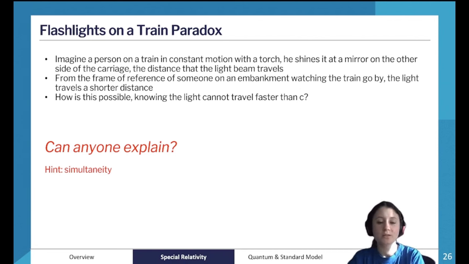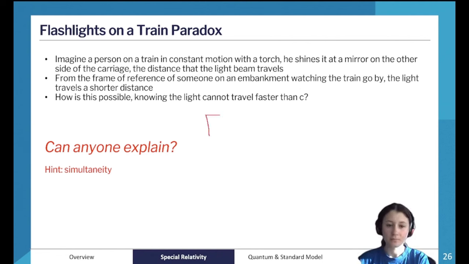The one that I've seen that's a little bit more common is where you have, again, a train carriage moving by, and then you have a lamp in the center of the train carriage. And the lamp is turned on, and the light spreads out and goes to either end of the carriage. Somebody who is on the carriage standing next to the light, what they would see is, for our carriage, with our light, sorry, I will redo that. That was terrible.